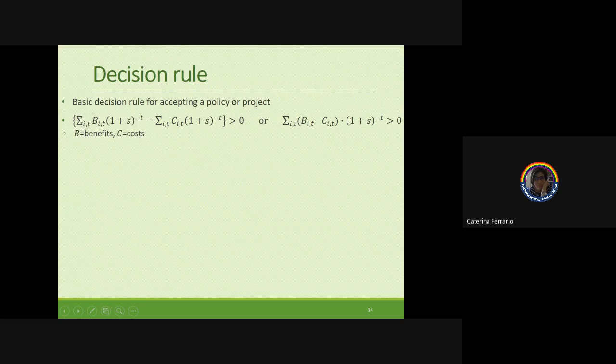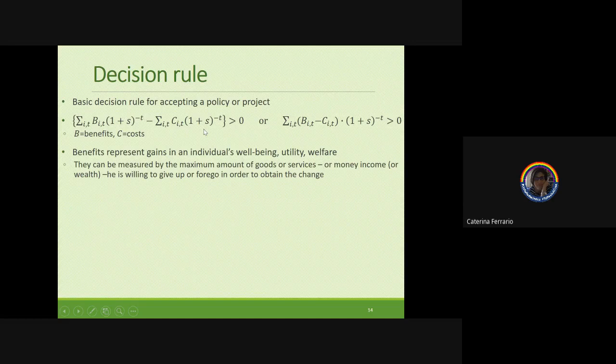So we sum all benefits and we subtract the sum of all individual costs, again discounting future values. And if this difference is positive, so if the sum of all discounted benefits is greater than the sum of all discounted costs, then the project is worth implementing.